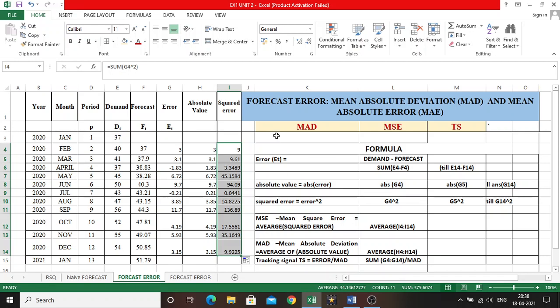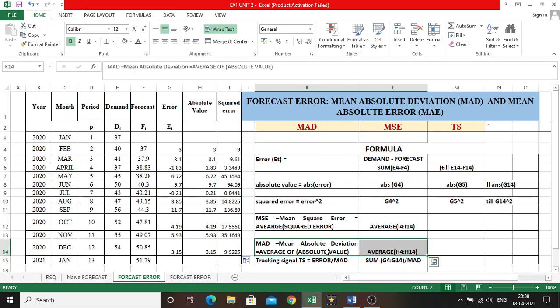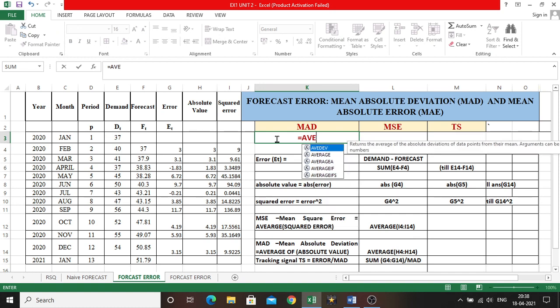Now, we have to calculate mean square error and mean absolute deviation. So, first we proceed with mean absolute deviation. This is the formula. Mean absolute deviation is the average of absolute value. So, here we have to calculate, type equal to AVERAGE, average of all the absolute values.